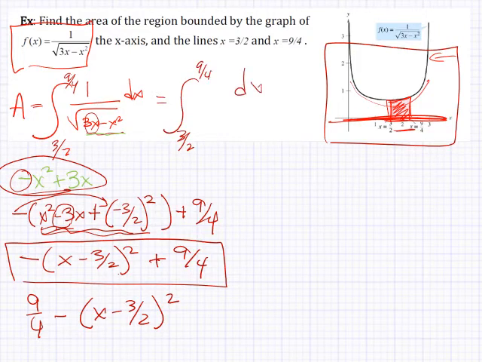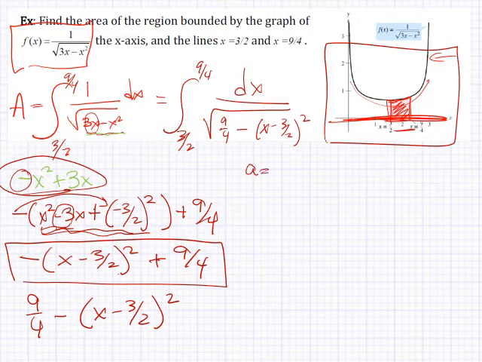So I have dx over the square root of 9/4 minus (x minus 3/2) squared. And then what I'm going to do is substitute.